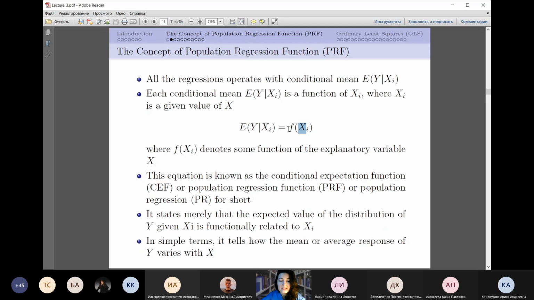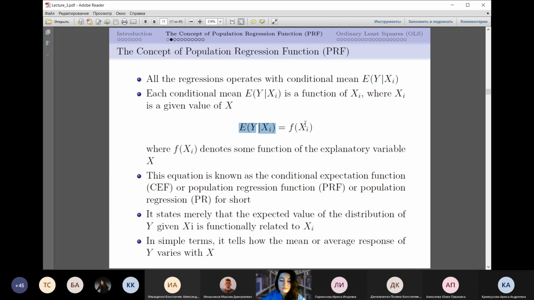So it states that the expected value of the distribution of our y for some given x is functionally related to x. In other words, we can say that the mean or the average value of our dependent variable varies with different levels of x.